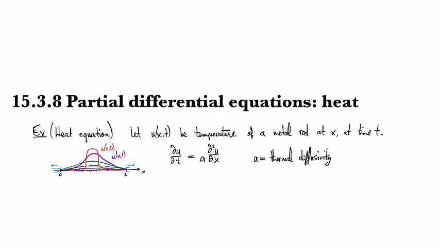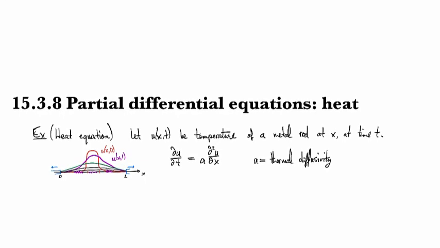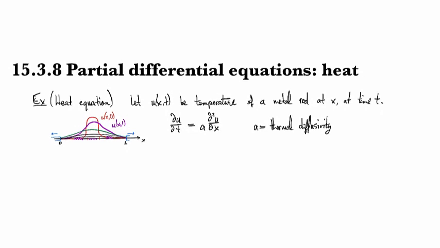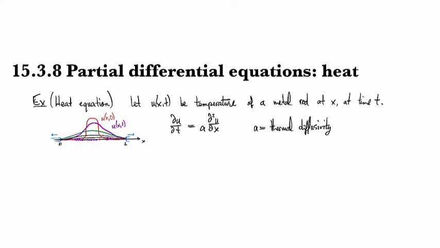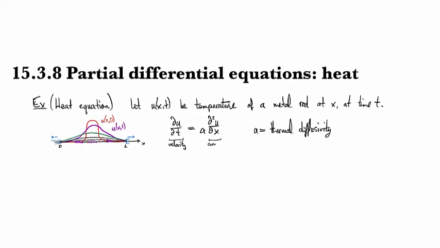So something like metal would have a large a value. Something like foam or, I don't know, maybe ceramic might have an a value that's positive but very close to 0. And just like for the wave equation, we can make the observation that instead of acceleration, we have velocity is proportional to curvature.